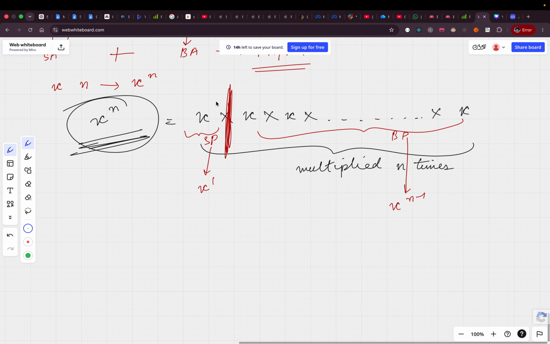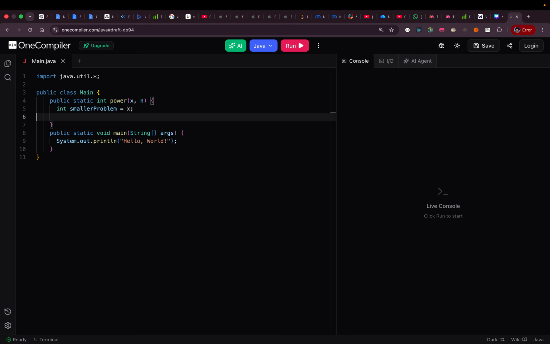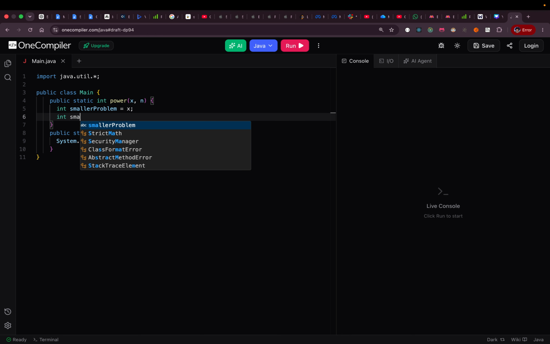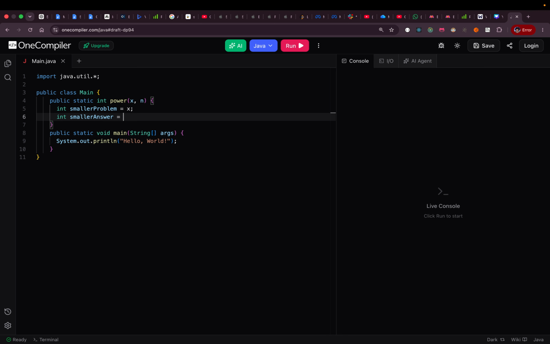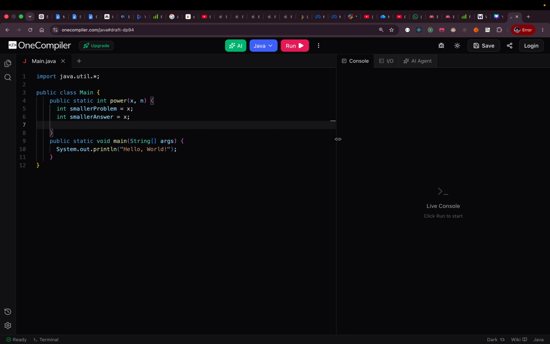You see, this is just one x, just one little x. So now, if this is the smaller problem, what will be the smaller answer? Smaller answer will be x only, isn't it? X is the problem. I have to raise it by 1. X is the answer.